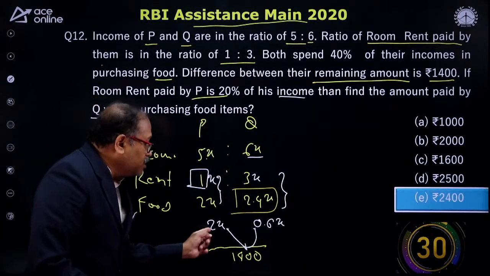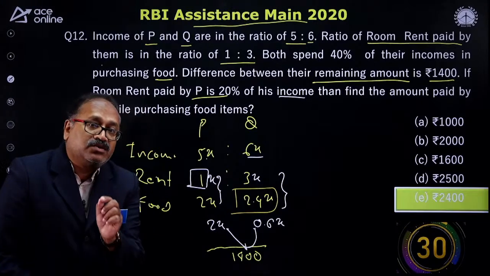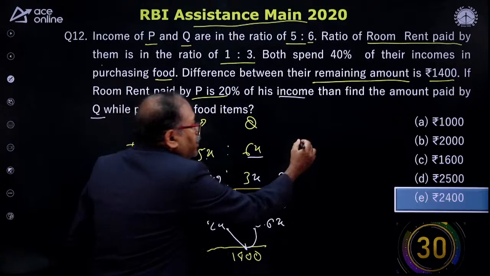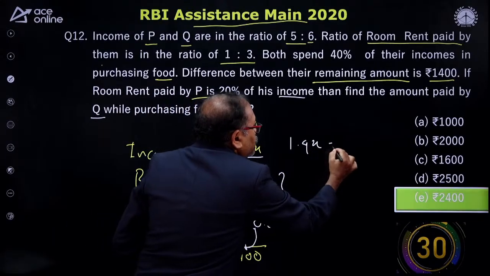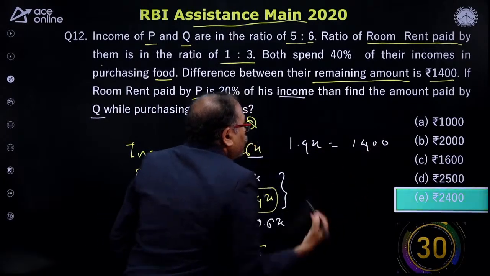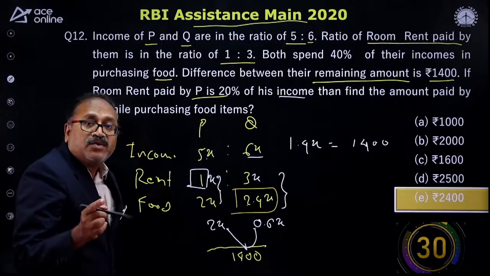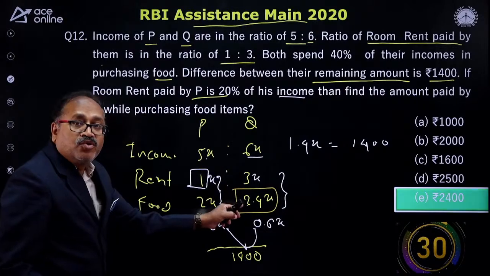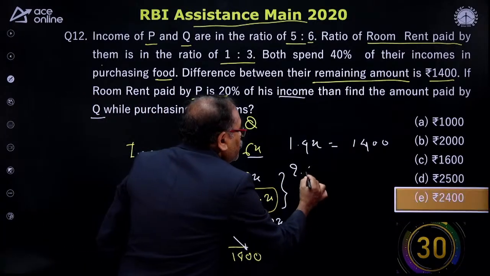So the difference is 2x minus 0.6x, which is 1.4x. So 1.4x is equal to 1400. What I need to know is 2.4x, the expenditure on food by Q.